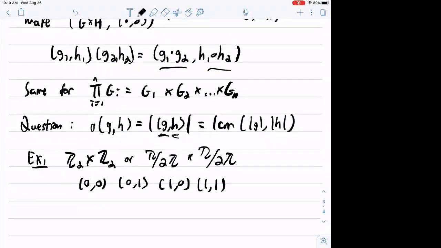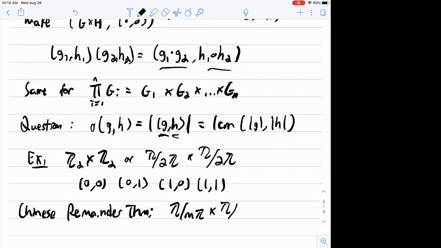And then you have something called, I don't know if the book names it, the Chinese remainder theorem. So Z mod MZ. You might wonder what happens when I take the direct product, I mean, the exterior product. It turns out it's isomorphic to this if and only if the GCD of m and n is 1.